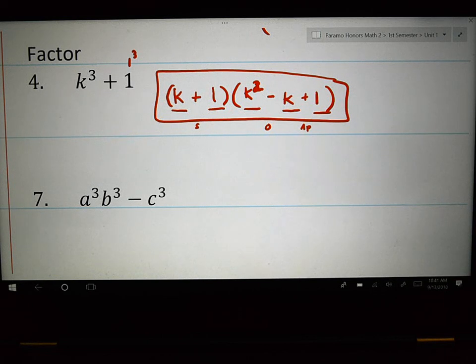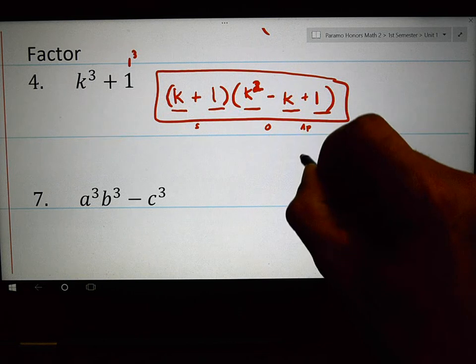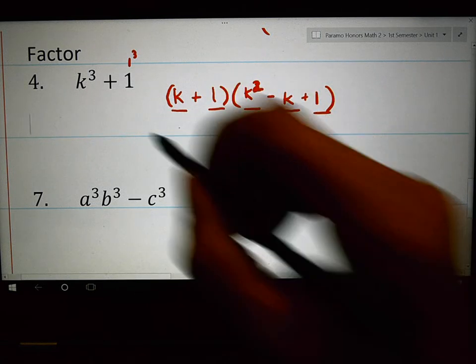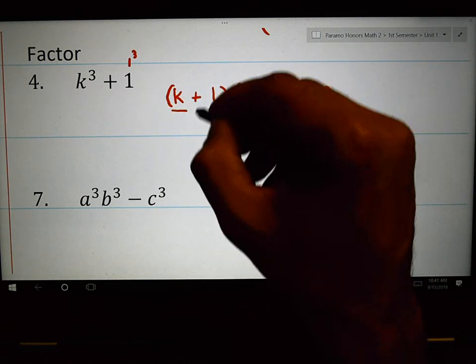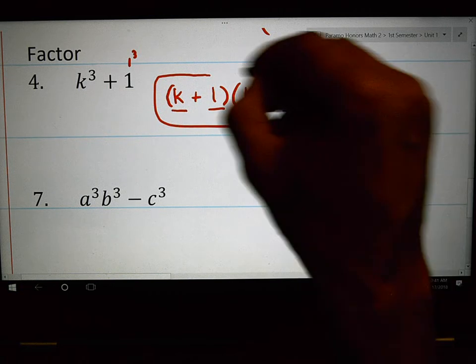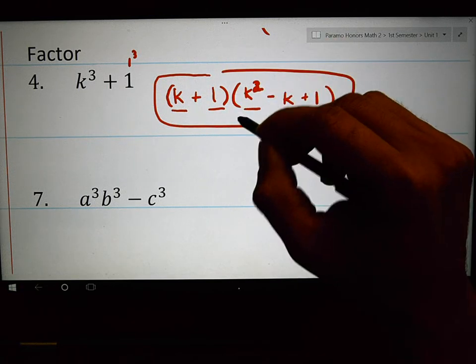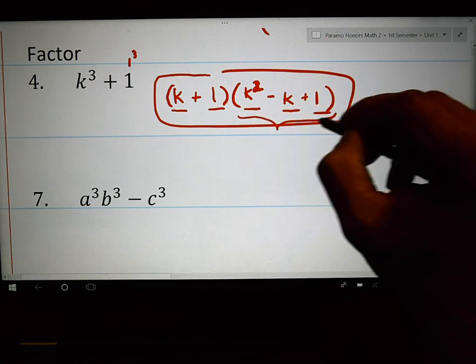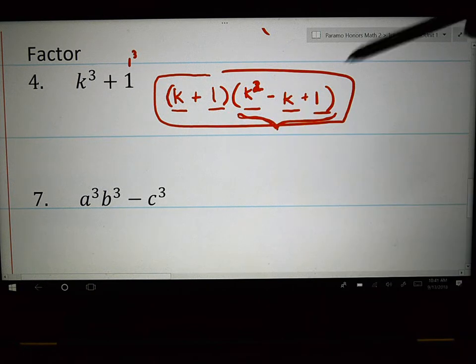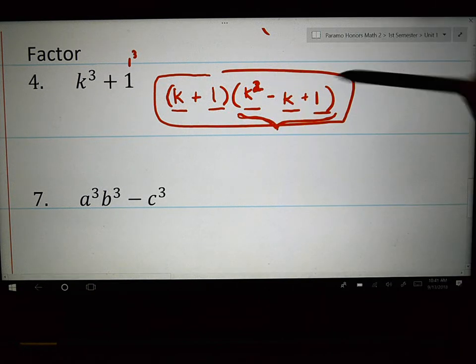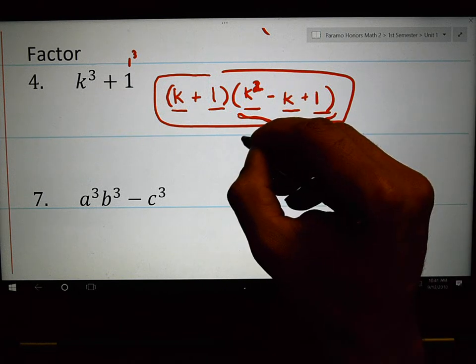Let me say something else for the record. This piece here cannot factor further, and some people have asked me in the past about that. There is nothing that can multiply.